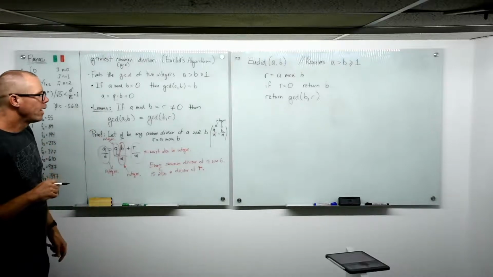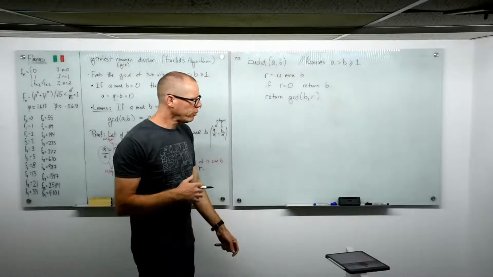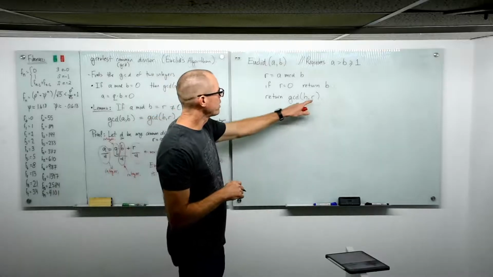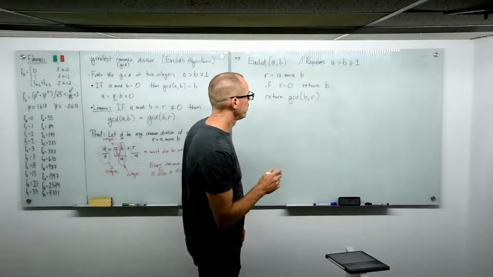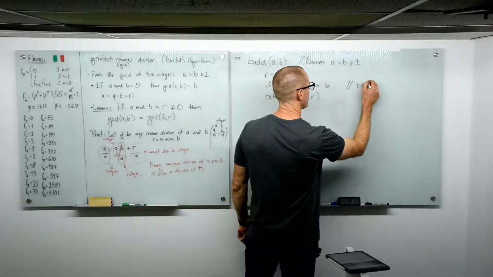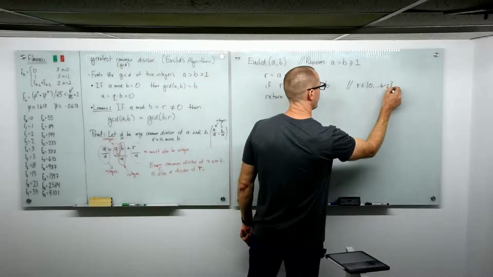Okay. And why doesn't this algorithm run forever? Well, it doesn't run forever because R is in 0 up to B minus 1. Right?